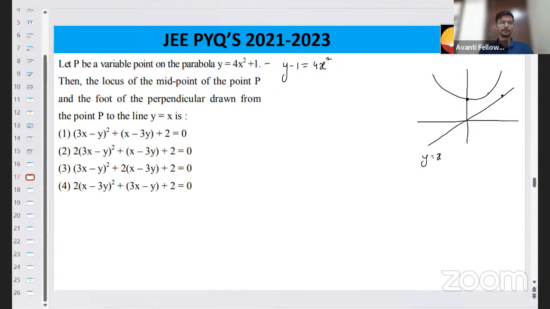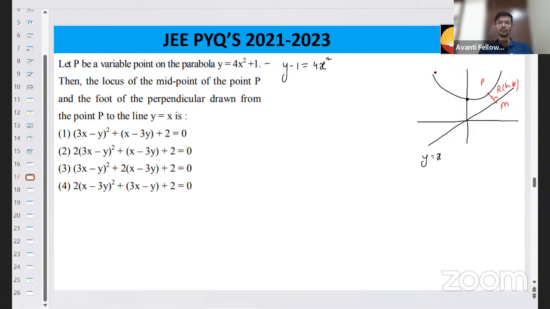The locus of the midpoint of P and the foot of perpendicular from P. So this is point P, the foot of perpendicular, let's say M, and this is the midpoint R. We have to find the locus of R, so we take R as (h, k).